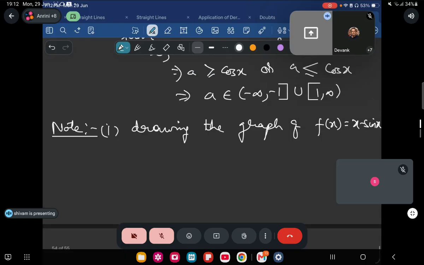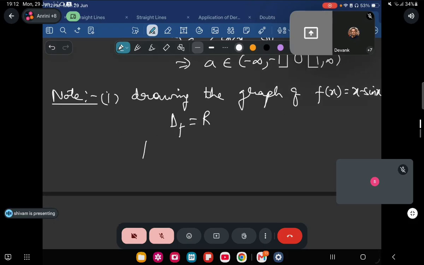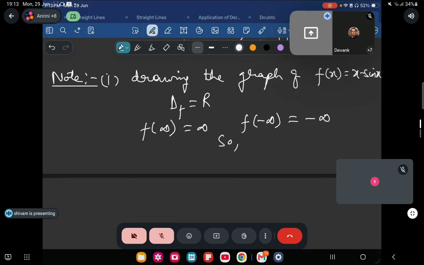Over here, what is the domain, everyone? Domain is all real. f of infinity is infinity only. f of minus infinity is minus infinity only. So range will be all real.